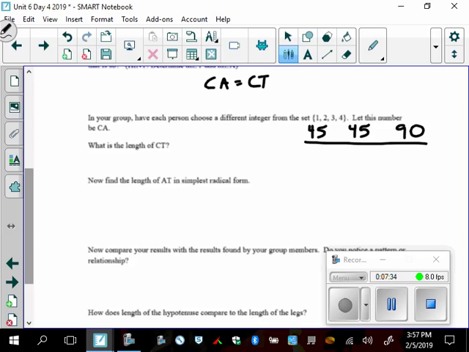We're going to put 1 in for CA, or 2, or 3, or 4. I'd like you to pick one of them. I'll pick 4. If I knew this was 4, I know that's 4. That shouldn't be a huge deal.